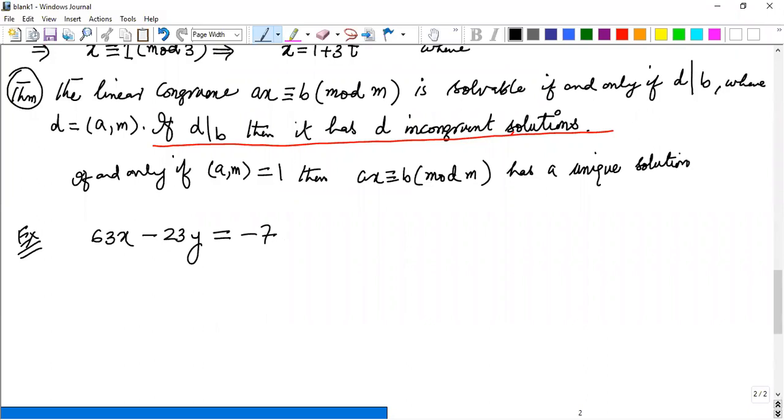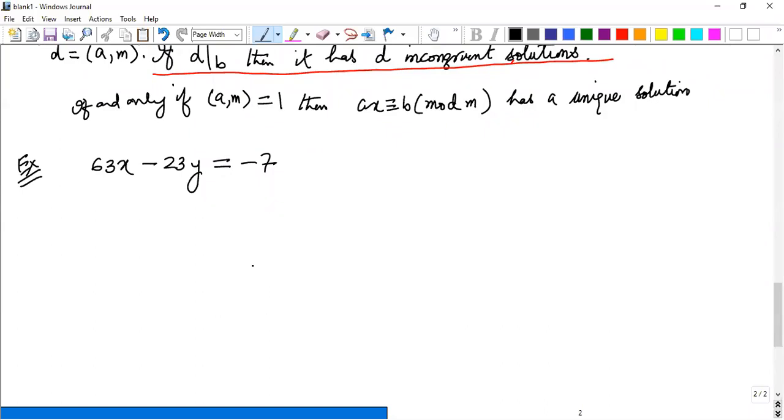So first we need to convert that linear Diophantine equation into the linear congruence. So this linear Diophantine equation can be converted into two linear congruences. First we can write 63x. We know that the coefficient of y is always m, if we consider x as the variable, so 63x is congruent to -7.